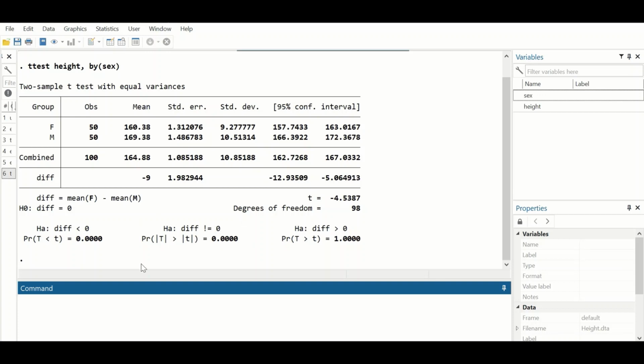So we will look at the p-value here, which is less than 0.05. This is a significant value, and shows that the difference between the height for males and females is statistically significant, as the p-value is less than 0.05.